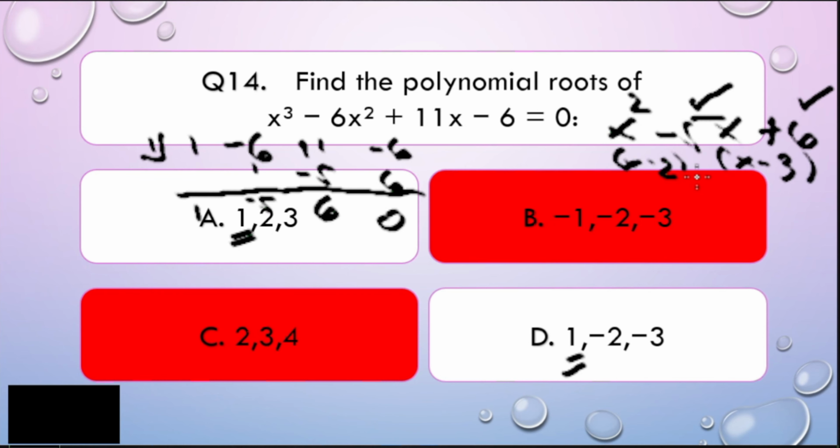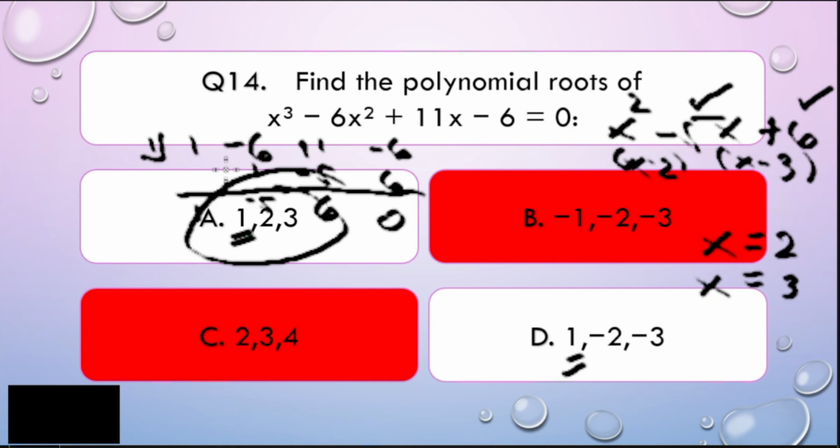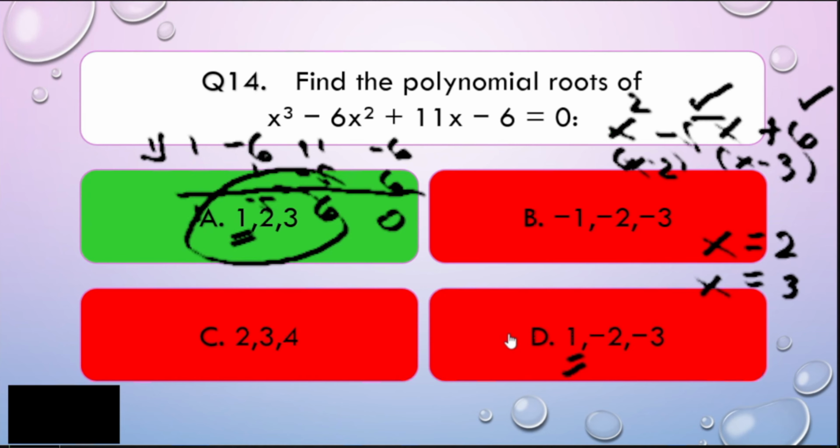So when you get the value of x for each factor, one is x equal to positive 2, and the other one is x equal to positive 3. Therefore, the correct answer is letter A. Let's check. All right. I hope you got that one, my dear math learners.